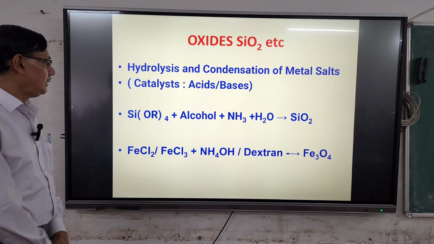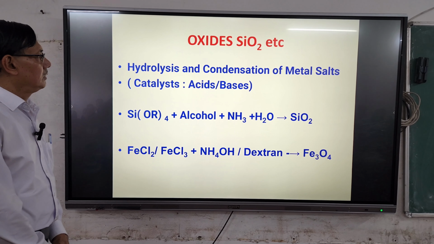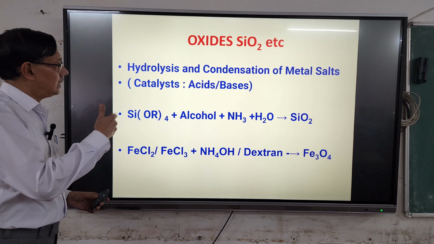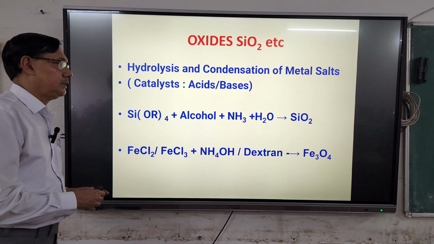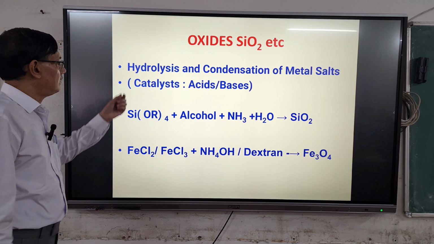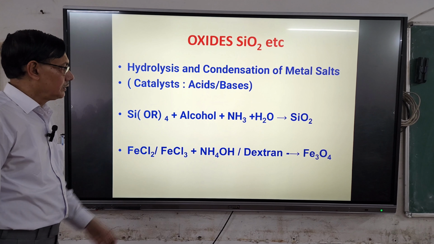So the first point of the sol gel method is that there is a process of hydrolysis followed by condensation or polymerization. But everywhere we need some acid or base catalyst in order to get the correct form.